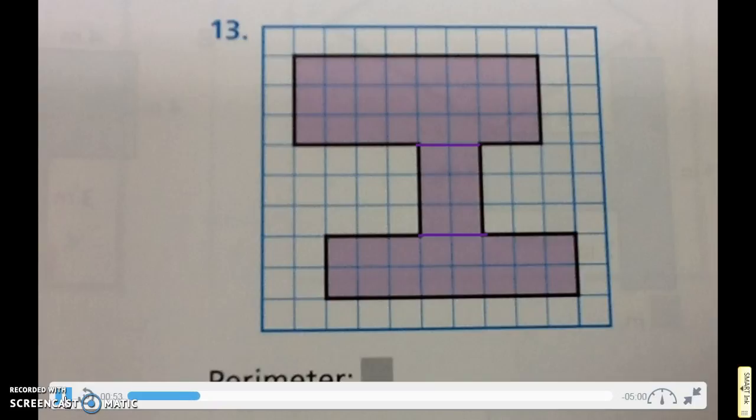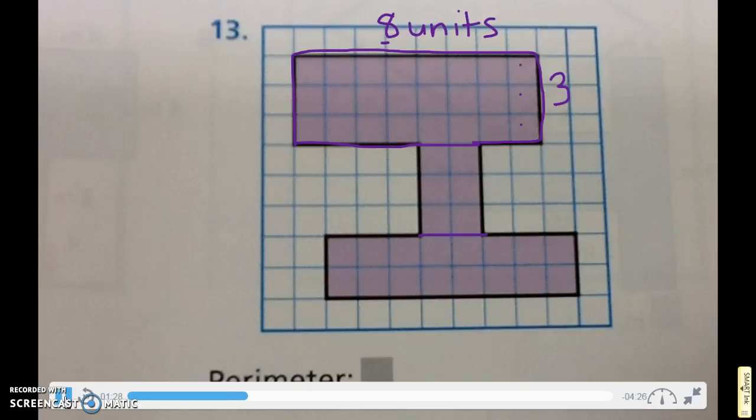So for this first rectangle, I'm going to find the area. When I find area, I'm going to count the units, 1, 2, 3 units here, and then I'm going to go the units across the top, or the length, 1, 2, 3, 4, 5, 6, 7, 8. So I'm going to put 8 units here.